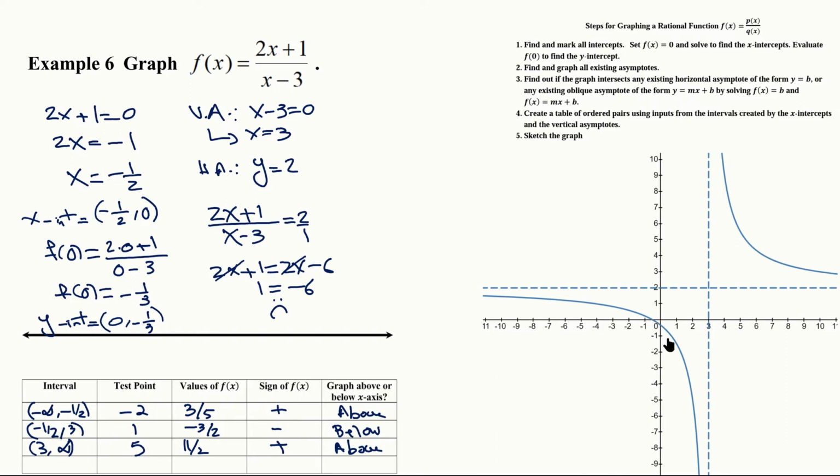And when you look at the denominator, remember the rules for how the function is going to behave around vertical asymptotes that we studied a minute ago. Let me bring that back so I can refresh your memory. All right, so if you recall, if n is odd, this is the scenario.